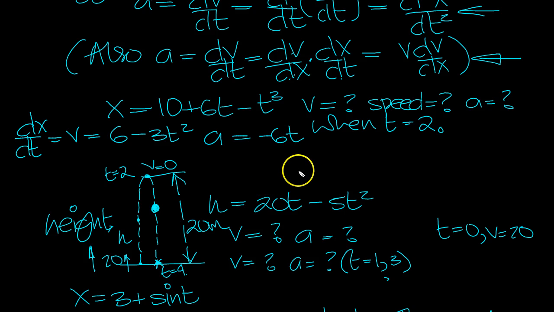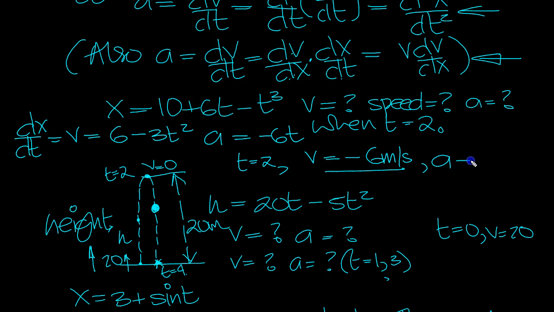So when t is 2, and the velocity will be just the modulus of this, won't it? So when t equals 2, v is equal to, put 2 in here, 2 squared is 4, 3 fours are 12, 6 minus 12 is minus 6. Suppose it's in meters and seconds then.